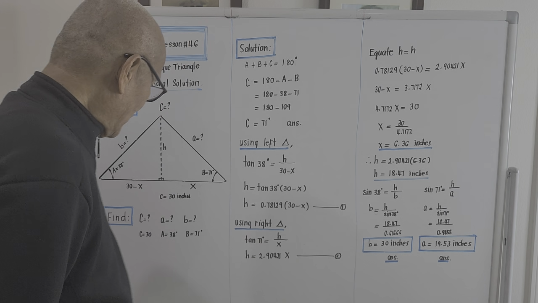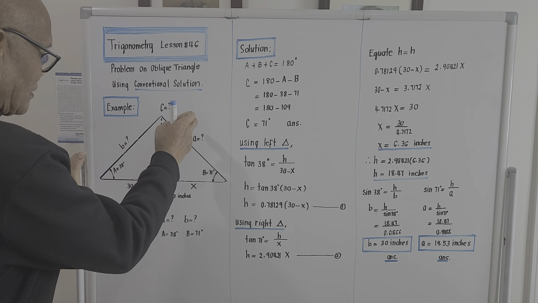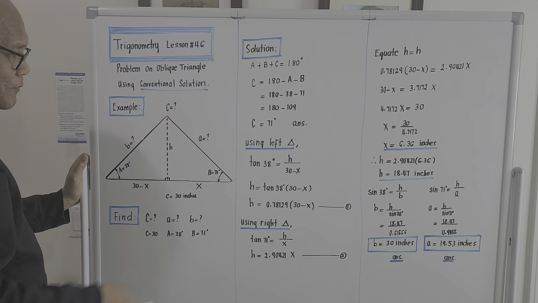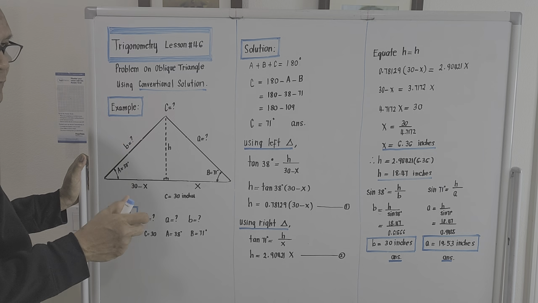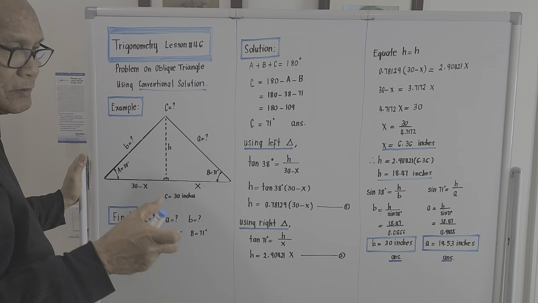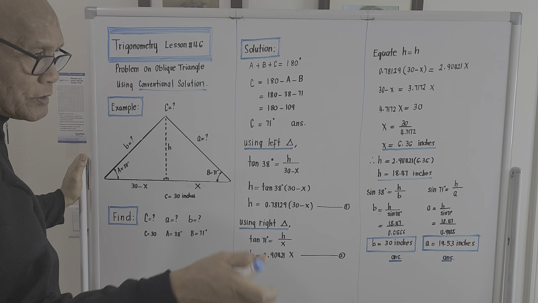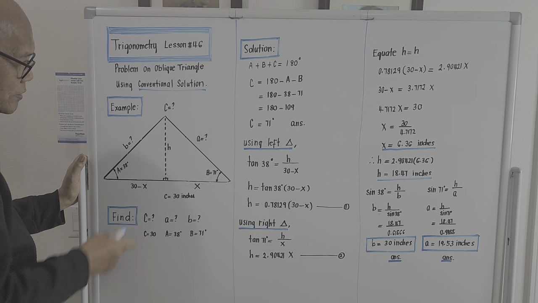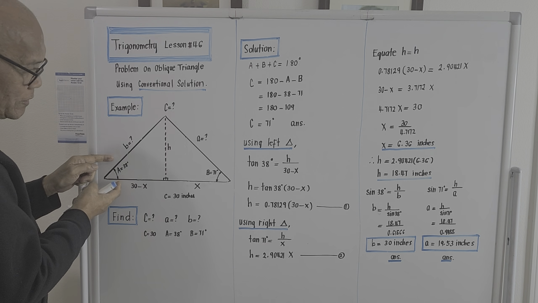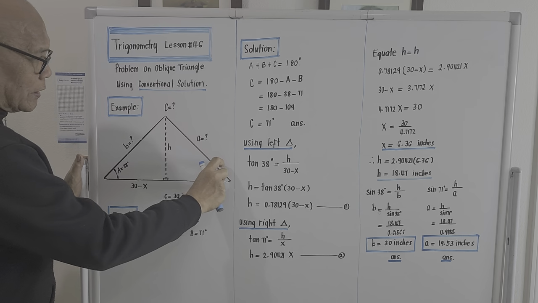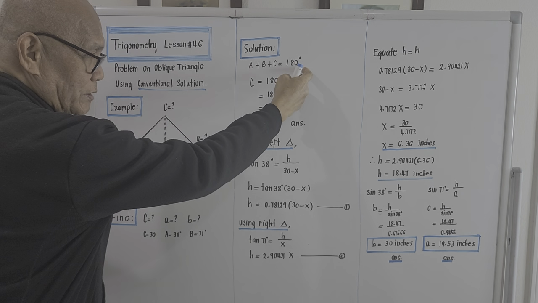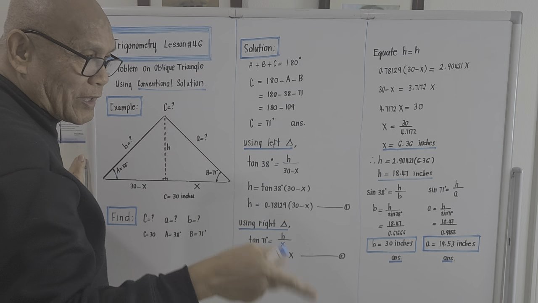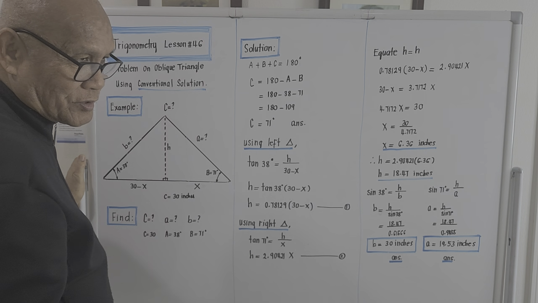Okay, let's proceed. The problem was the same as from lesson number 45. We are given an oblique triangle, meaning the sum of all the interior angles is 180 degrees. That is, the sum of angle A, angle B, and angle C is equal to 180 degrees, and none of the angles is 90 degrees.